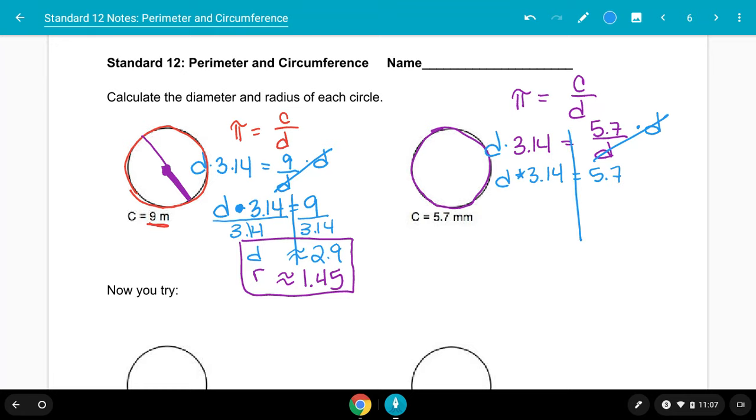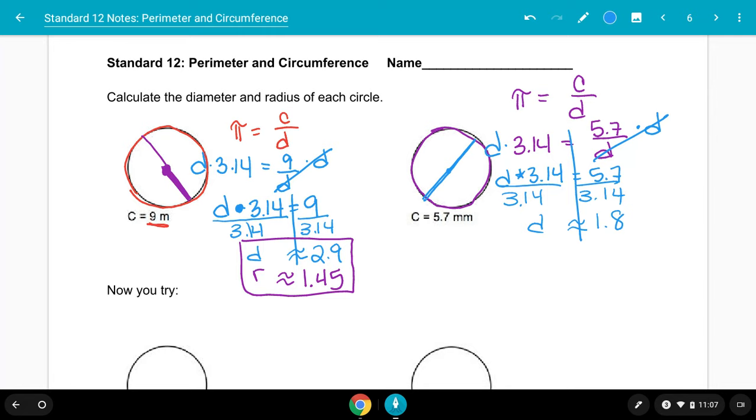Now I need to unmultiply the 3.14. So that means you divide by 3.14. I'm going to go to my calculator. 5.7 divided by 3.14 is approximately 1.8. So that means the diameter, the measure all the way across that whole thing, is 1.8 millimeters.